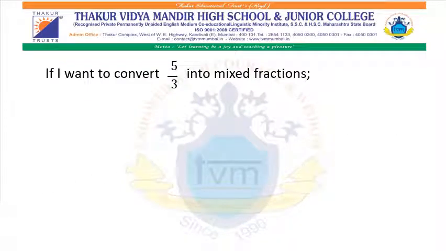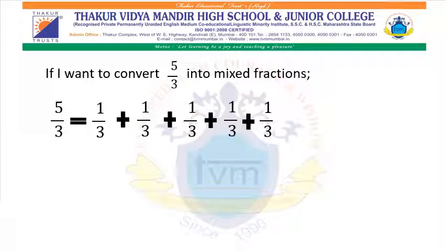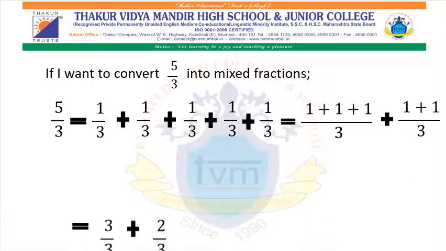So such type of fractions are called improper fraction. If I want to convert 5 upon 3 into mixed fraction, now I can do it. I will show you how. To convert this improper fraction into mixed fraction, 5 upon 3 is equal to 1 upon 3 plus 1 upon 3 plus 1 upon 3 plus 1 upon 3 plus 1 upon 3. That is 5 times 1 upon 3. If I do the addition, you can see I am getting 3 upon 3 plus 2 upon 3.